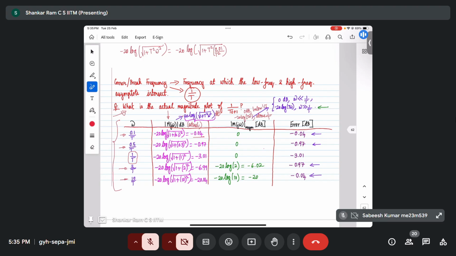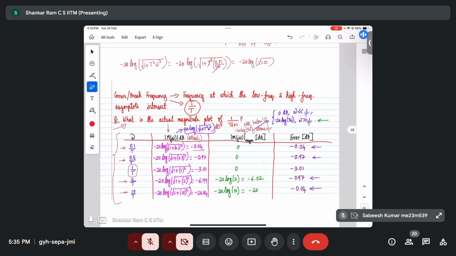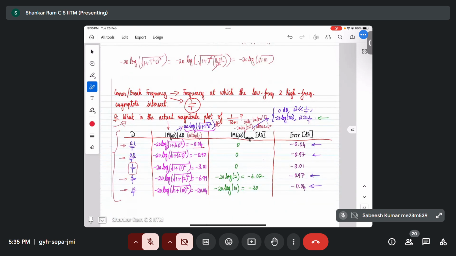It will be 0.01 divided by T squared, so the T squared cancels off. We get minus 20 log to the base 10 of the square root of 1.01. That is the actual value, and if we evaluate this in your calculator, you will get minus 0.04 decibels. I hope it's clear. Any questions?